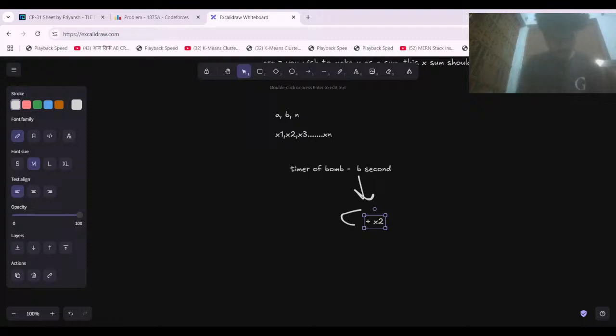I will simulate all of this in my head, and I want to finally get the maximum number of seconds I can get before the bomb explodes. This is what I have to find. So use the tools, right?